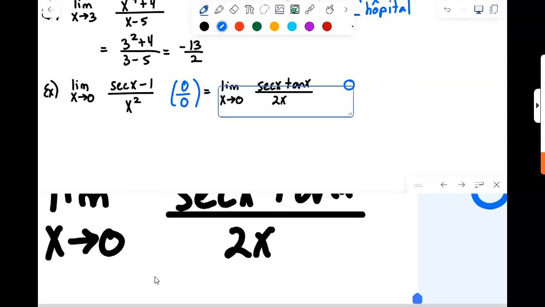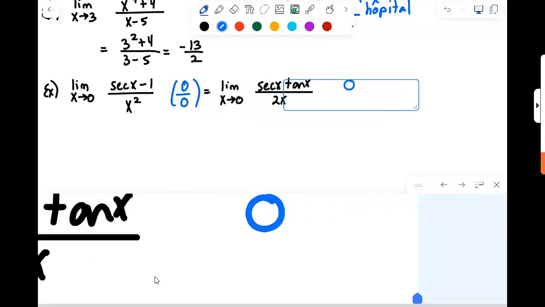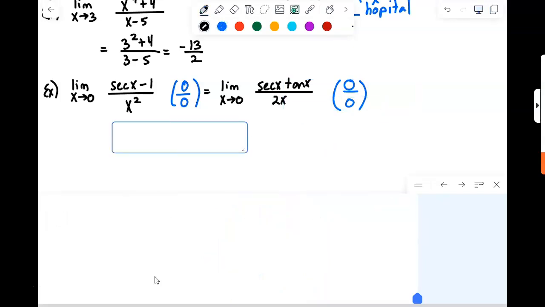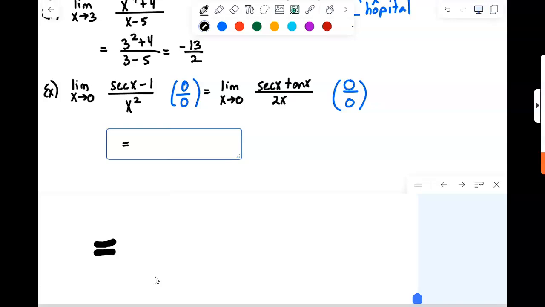So this is 0, and of course, as x goes to 0, 2x is 0. So we did L'Hopital's rule, and we got a 0 over 0 limit again. Well, that's okay. Take the derivative another time, and let's see what happens. Sometimes you do need to use repeated applications of L'Hopital's rule.